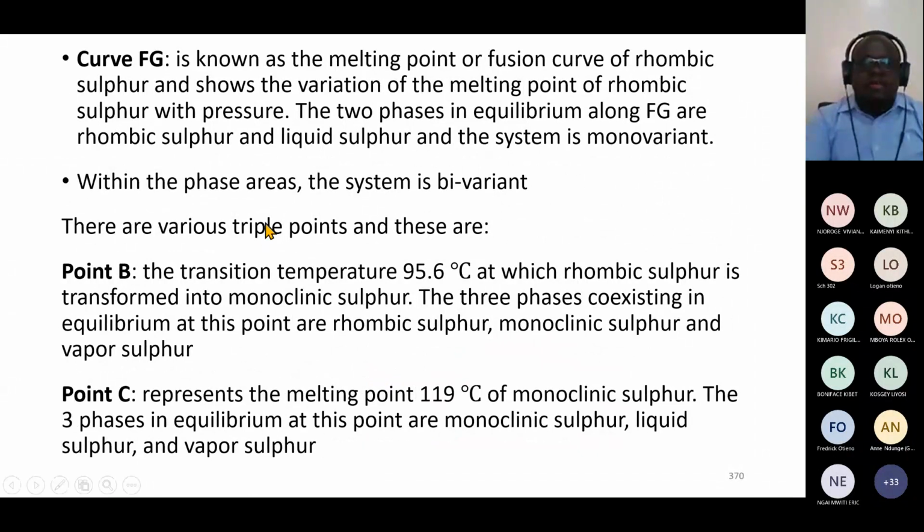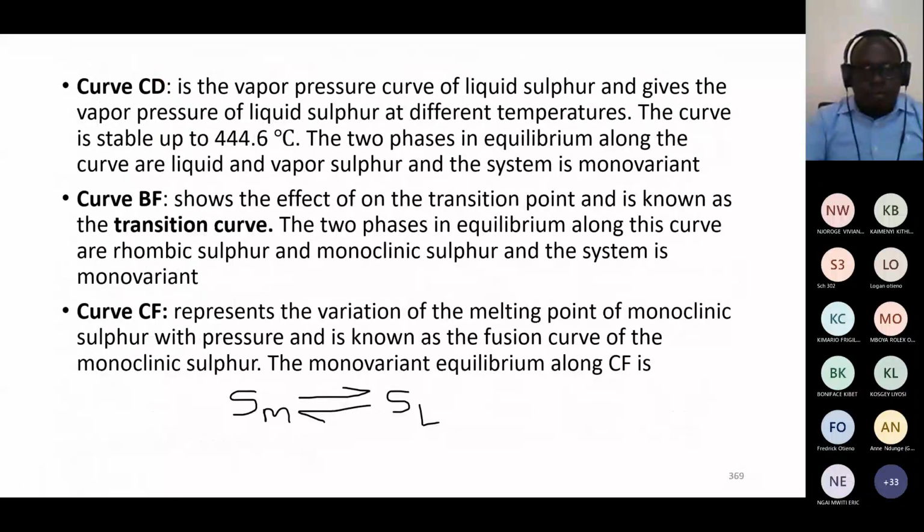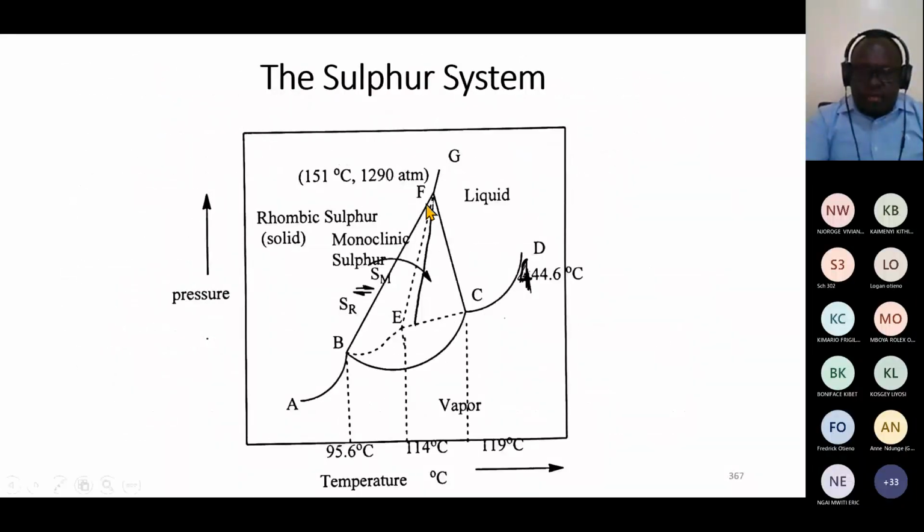And there's the line FG. Along the line FG here, notice we have the rhombic sulfur being at equilibrium with the liquid sulfur.